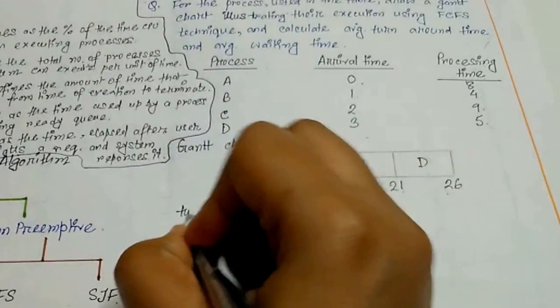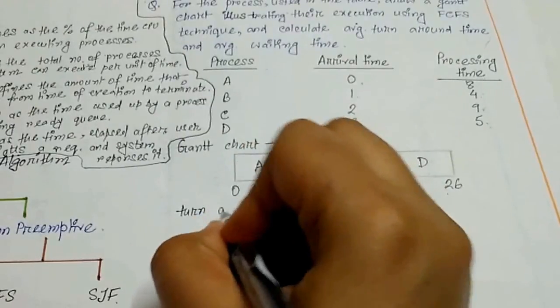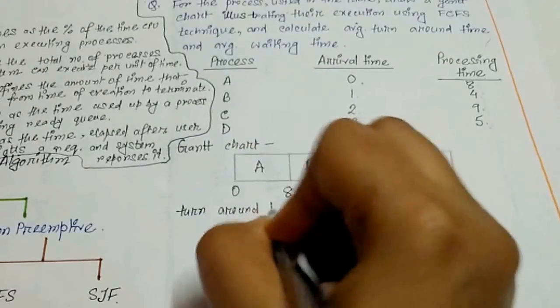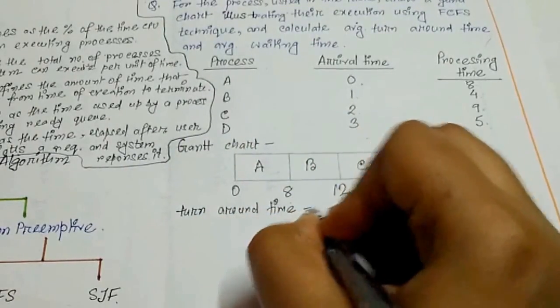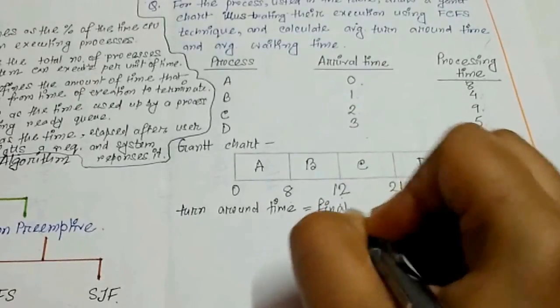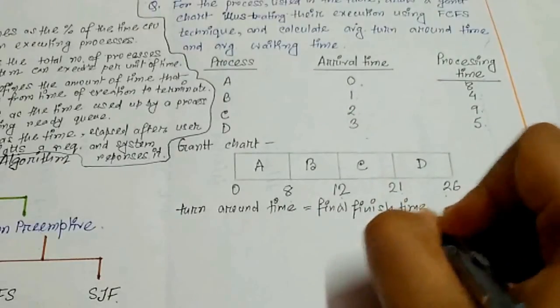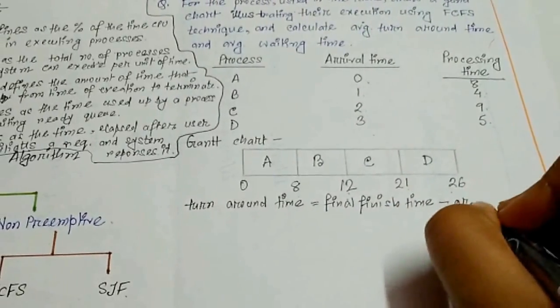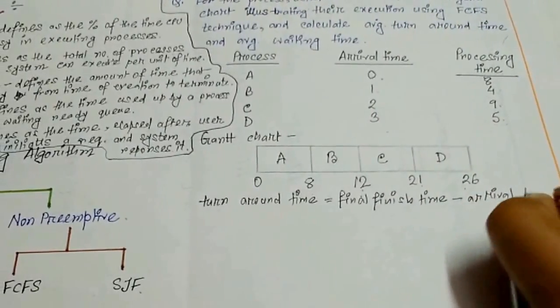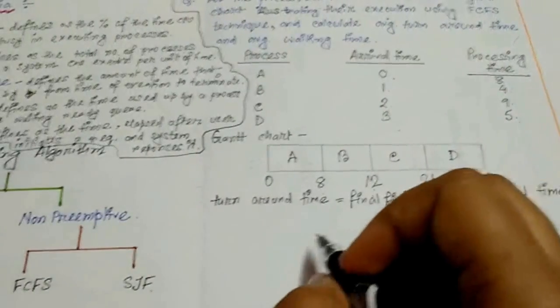So, turnaround time equals final finish time minus arrival time.